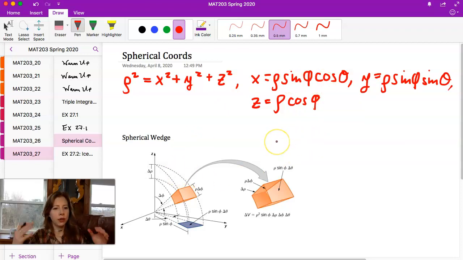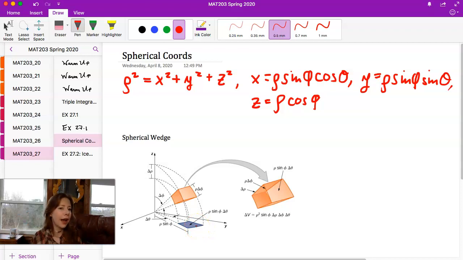So what we're now doing is we're thinking about a sphere, and in spherical coordinates, we look at the spherical wedge. And so some things I want you to notice. So theta is still just how you would imagine theta. So down here, we have the XY plane. So you're looking down at the XY plane.